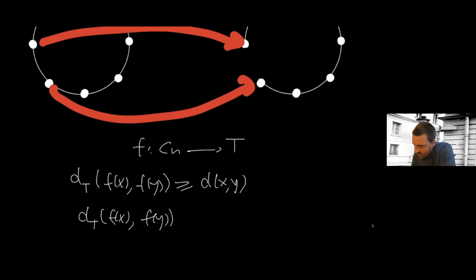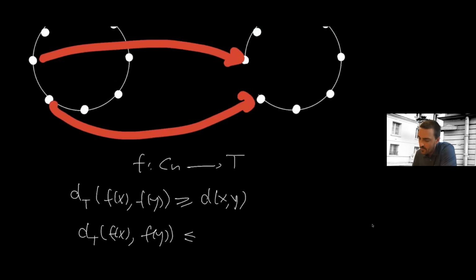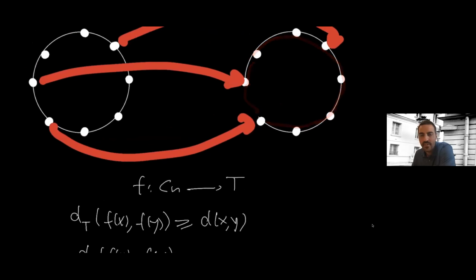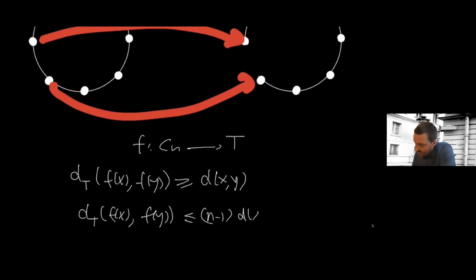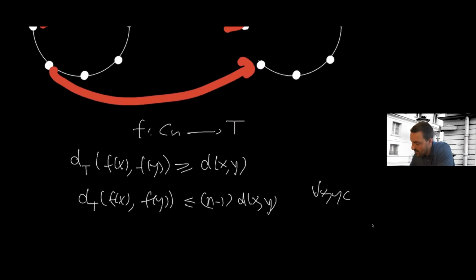If you look at these 2 vertices here, definitely there is some expansion, because if the distance was 1 here, now you cannot connect these two, so you have to walk all around the cycle to be able to get to the other side. So this one gets a distortion of n-1. And that's the edge that is stretched the most.